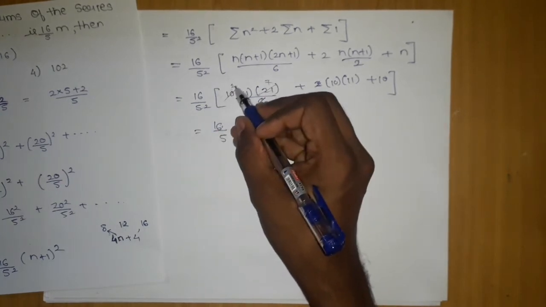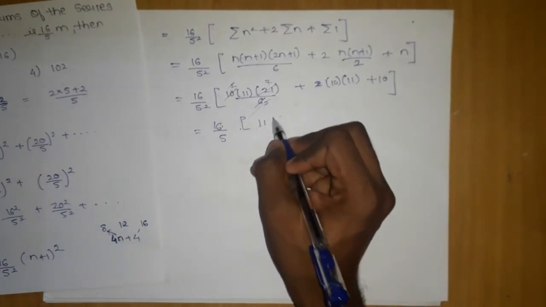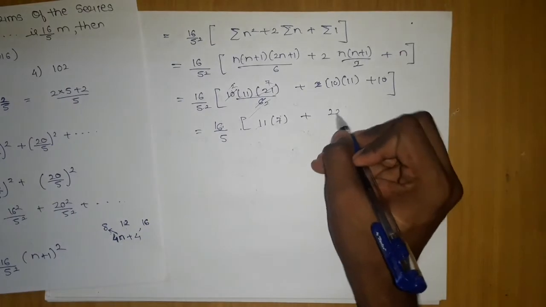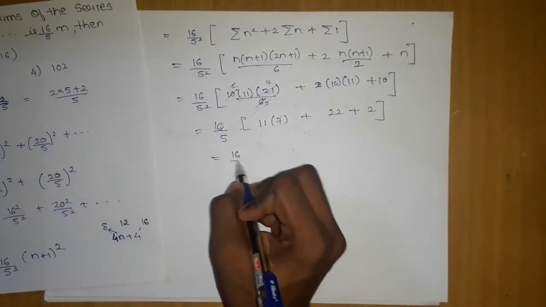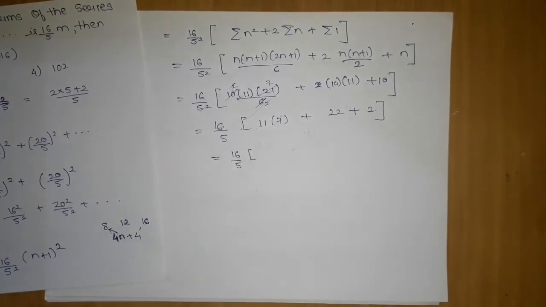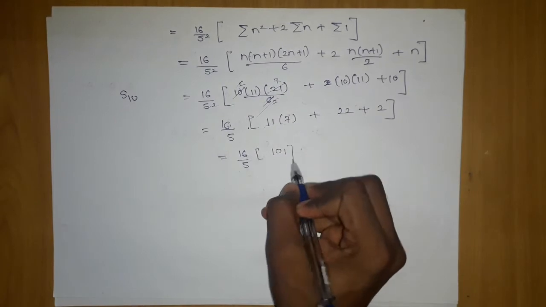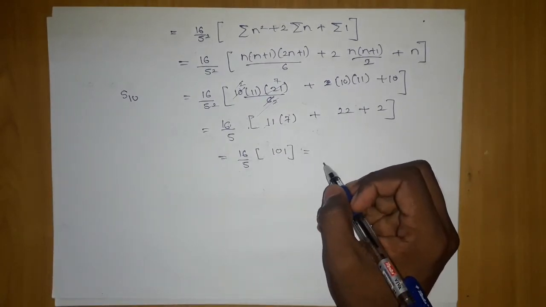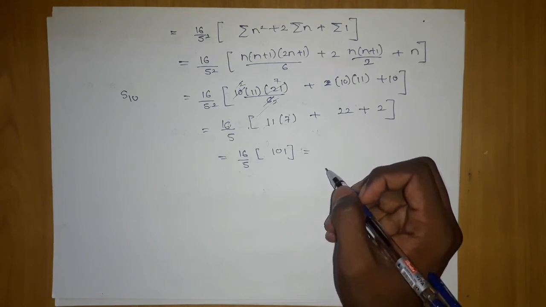When 5 cancels out with this, and this 2 cancels out with this, we are left with 11 into 7, here this will cancel out twice, so it will become 22, and here we have 2. So if I add all the terms further, we finally get the sum of this as 101.